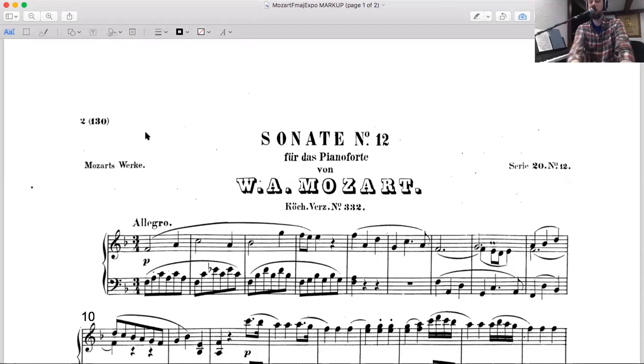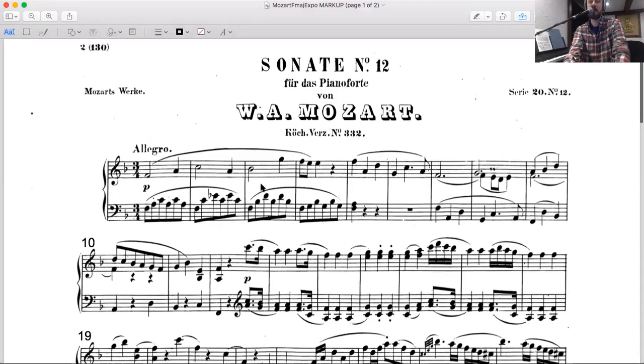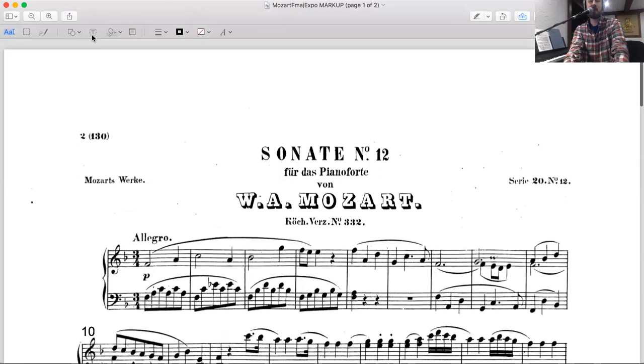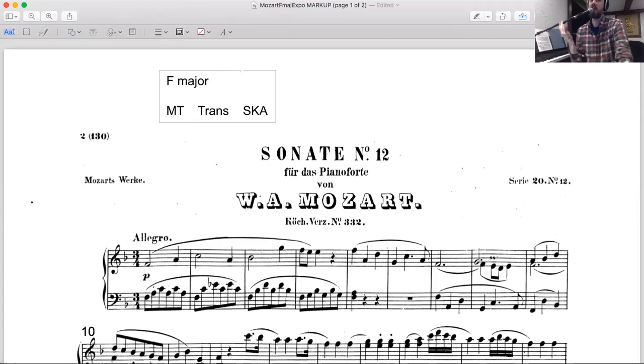So the thing we always want to keep in mind is to make sure that we have a feel for what the structure should be, right? This is a piece in F major, and so we've got these 3 sections: our main theme, our transition, and the secondary key area in this exposition section.